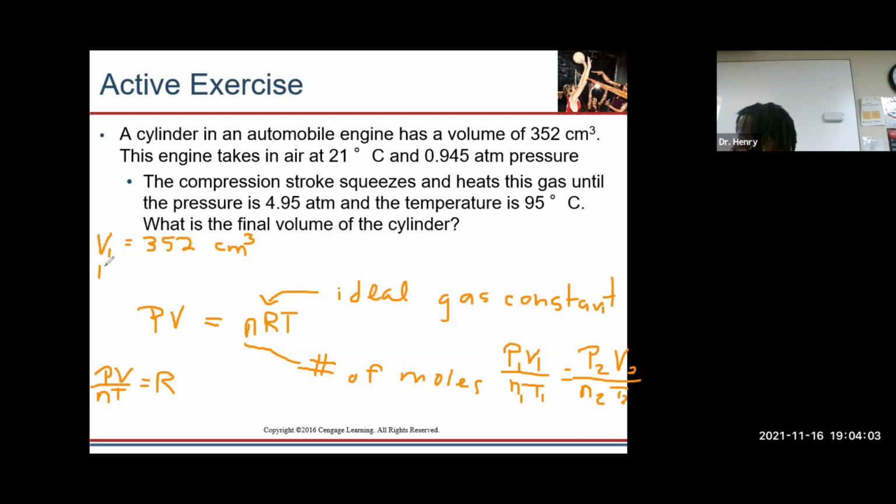Our T1 is 21 Celsius. Okay, and I need to change that to Kelvin. How do I change it to Kelvin?